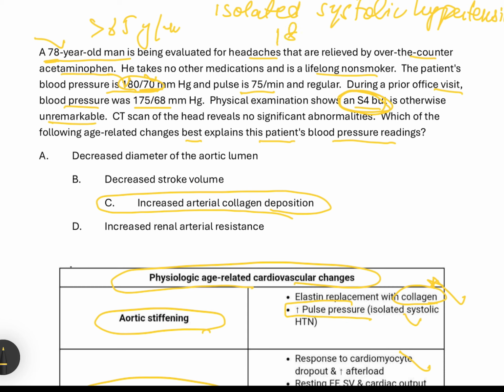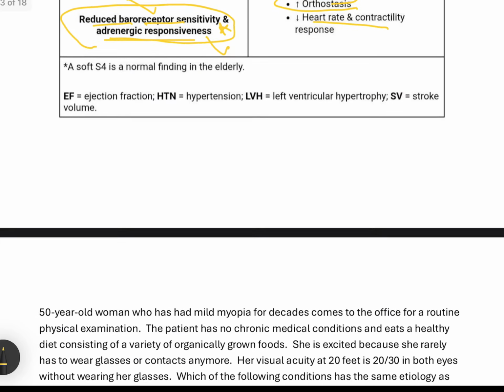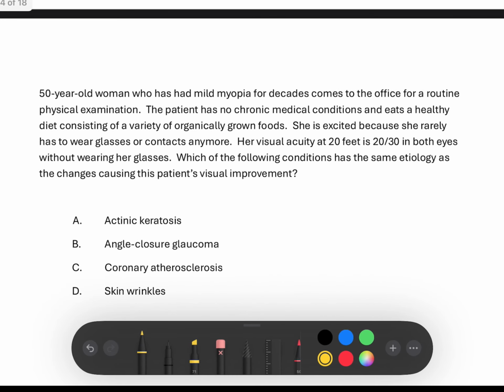When the systolic blood pressure is high and the diastolic pressure is low, like here. Okay. This is isolated systolic hypertension that is common in elderly patients older than 65 years old. Now we move to our next question.